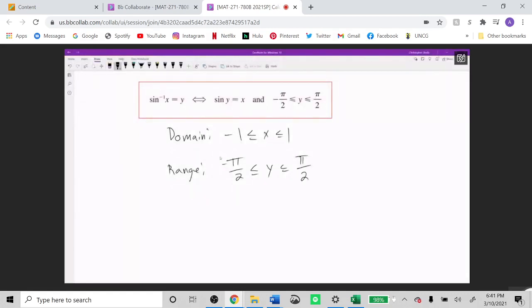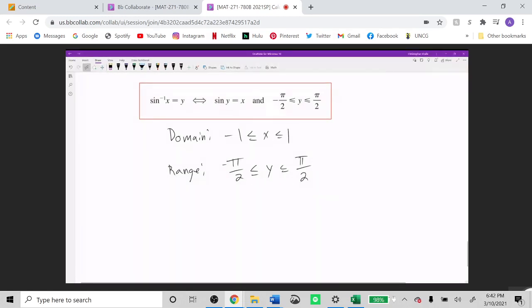This is because we have to restrict the domain of the sine function in order to define an inverse function for it, because otherwise these functions oscillate forever, right? Perhaps this is coming back into our memory from 172.